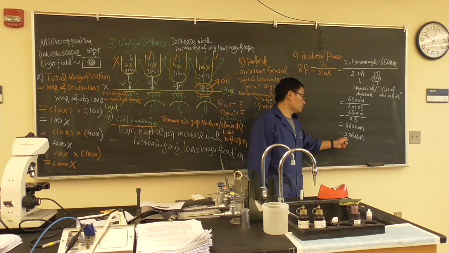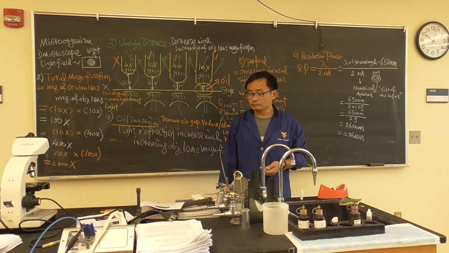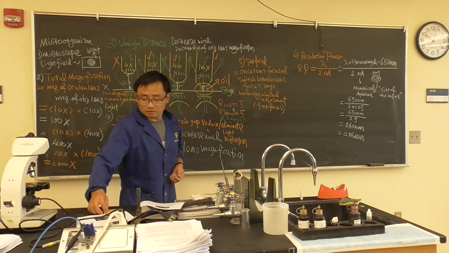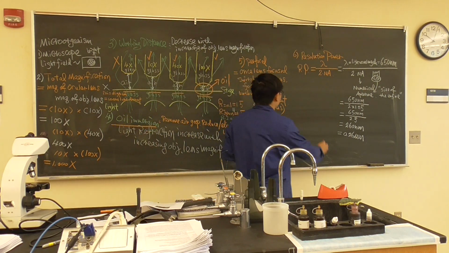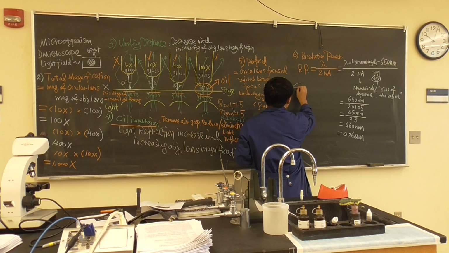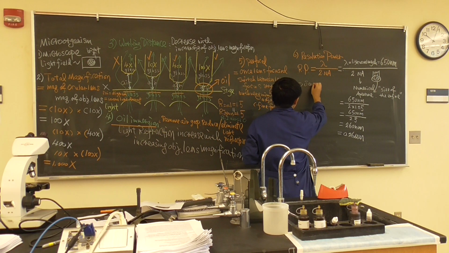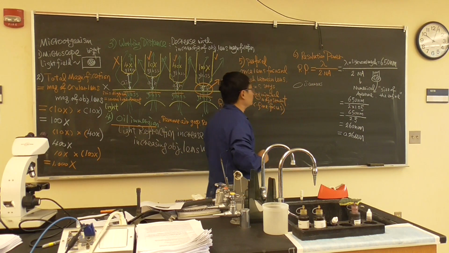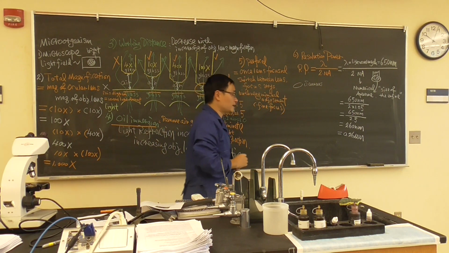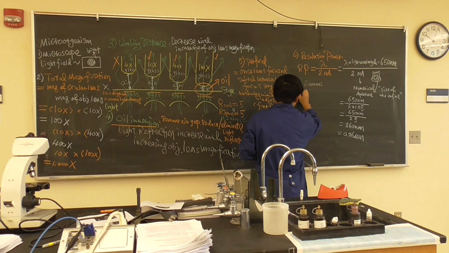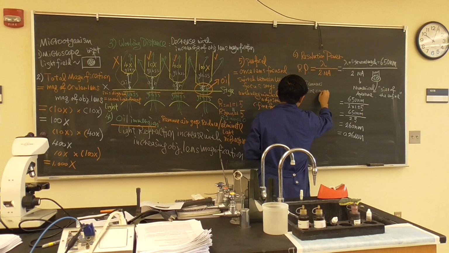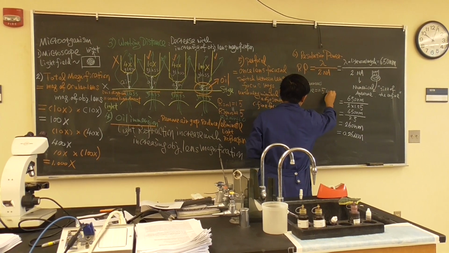Now, why is this number important? Can you guess the size of an average bacteria? Okay, let's say Staphylococcus aureus. We will mention this bacteria a couple of times in the lab. What is the average size? The average size equals 0.5 micrometer.